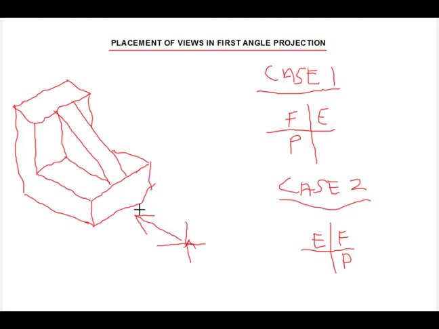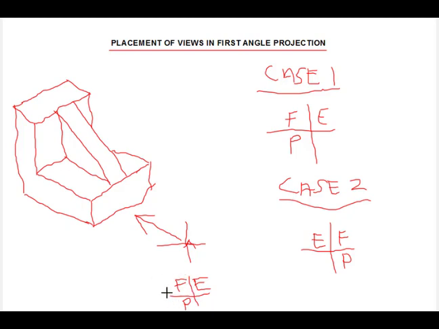So the front view of this component will be drawn in the second quadrant. Then the end elevation will be drawn in the first quadrant, and then the plan will be drawn in the third quadrant.